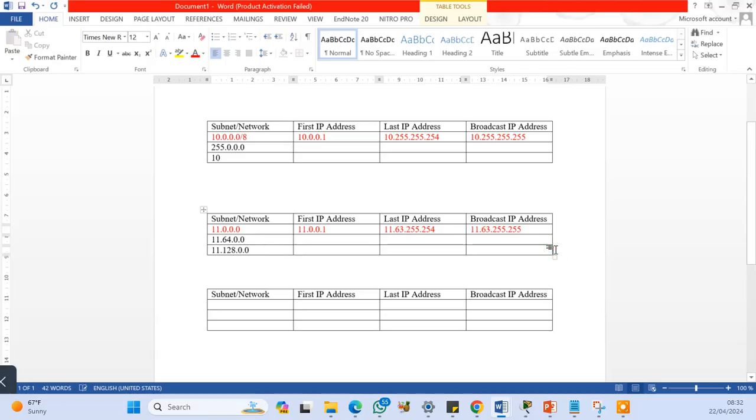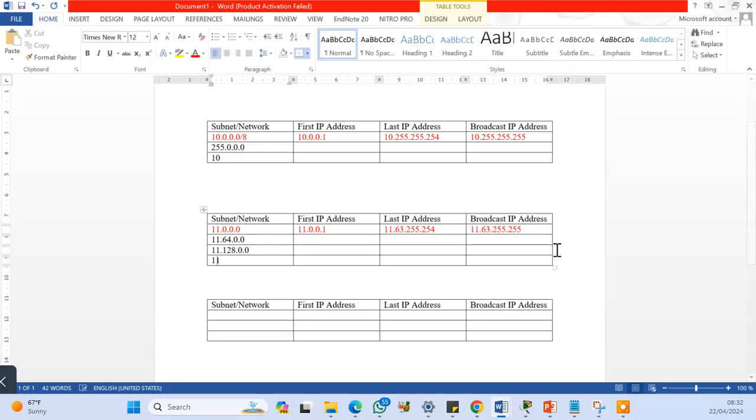And then I can go ahead and put 11.192.0.0. So when you look at this, I can even put the slash, because the slash here will be slash 10.